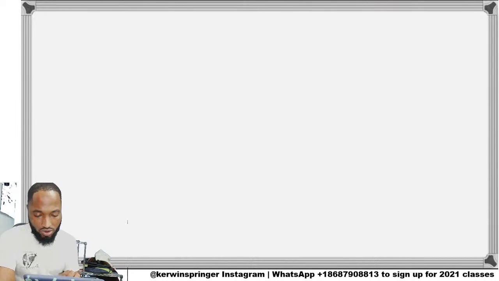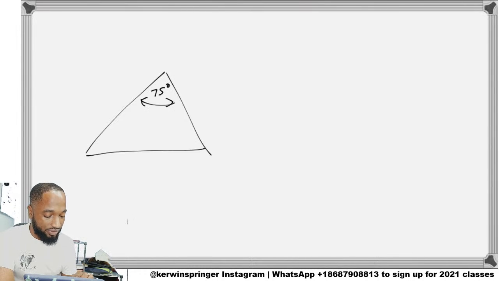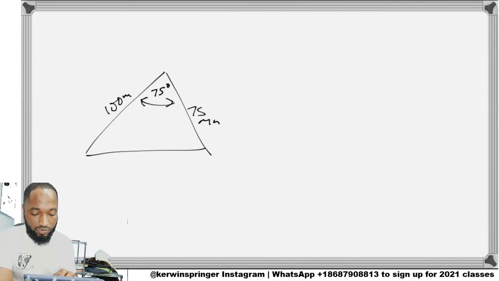Or if you have to draw a triangle like this, and this angle is not 90. Let's say this angle is 75, this is 75, this is 100 millimeters, whatever. What do you need to draw this?